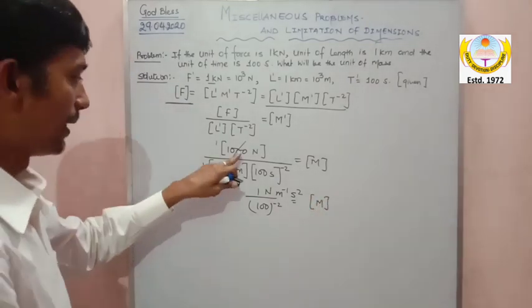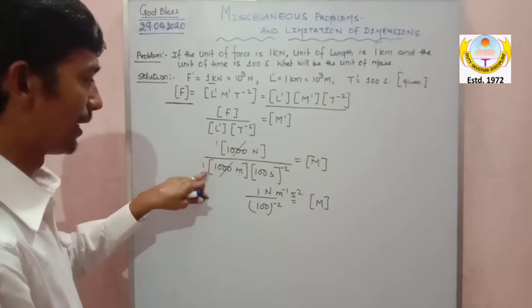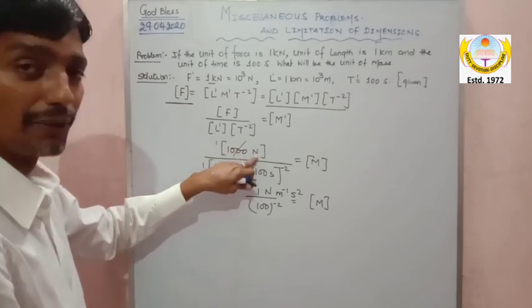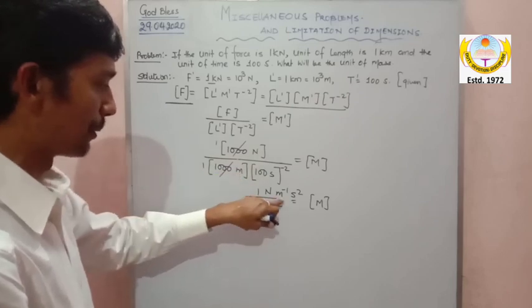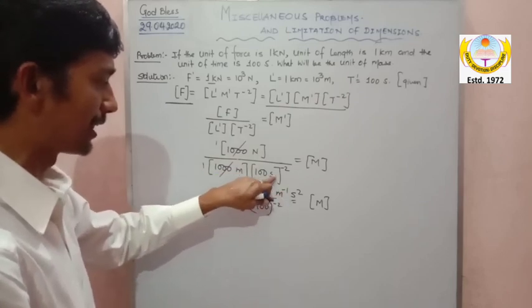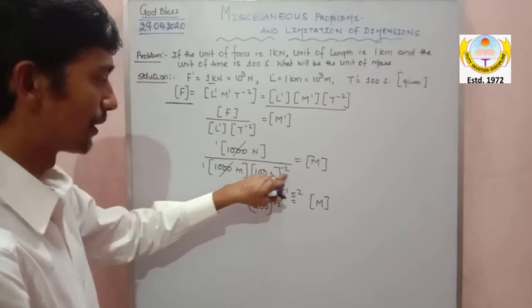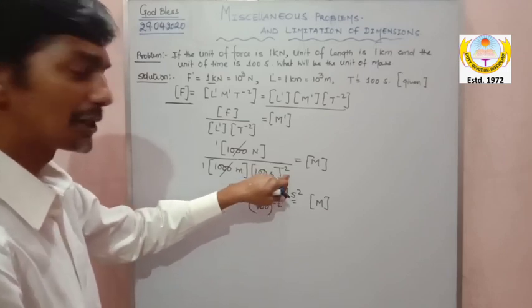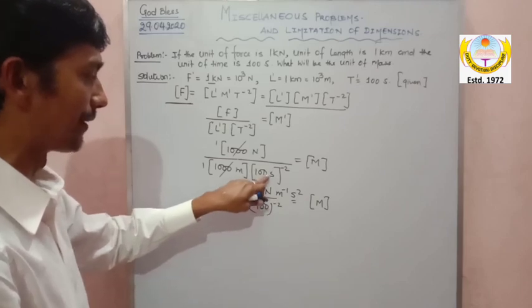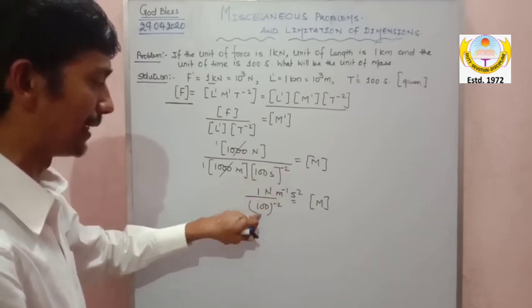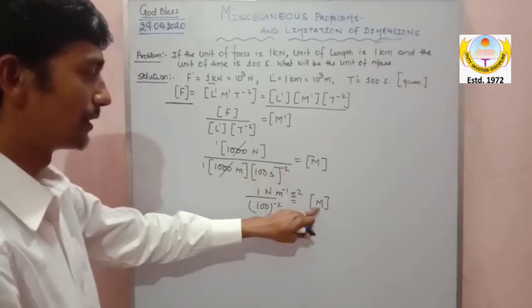What did I do? Here it is 1, here it is 1, the 1000 cancels. Unit will be Newton. Meter is here, I have put meter power minus 1, and S power minus 2 is here. S power minus 2 taken up becomes S power 2, and 100 I kept as it is, power minus 2, is equal to M.